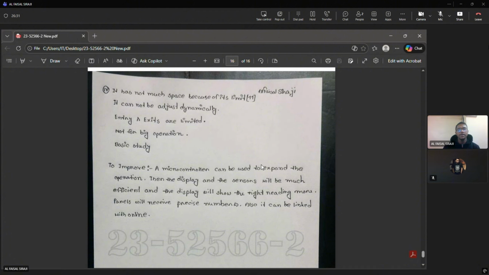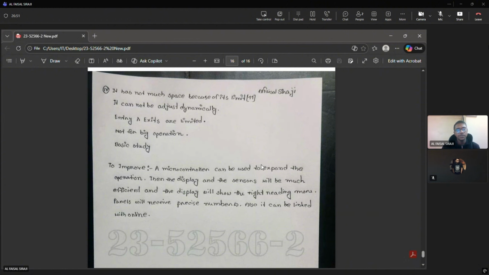For the last question, there are many limitations in this system because it cannot be adjusted dynamically. The entries and exits are limited because there are only 11 spaces, so it is not for big operations.